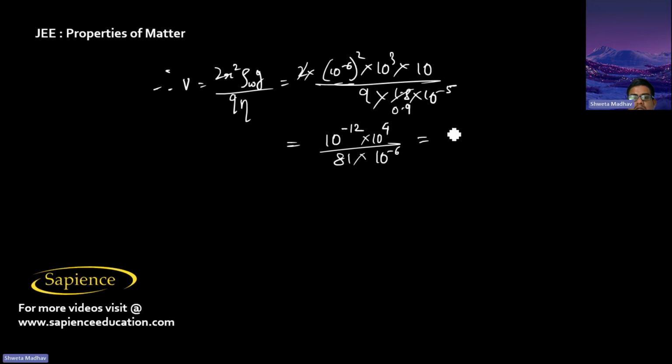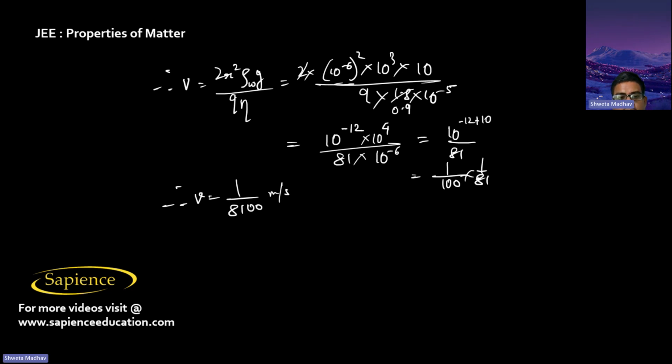So this will be 10 power minus 12 plus 10 by 81, which is 10 power minus 2, which is 1 by 100 into 1 by 81.